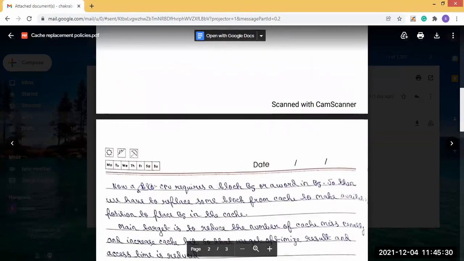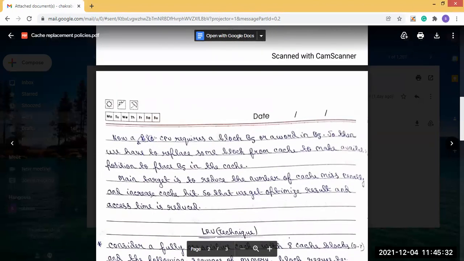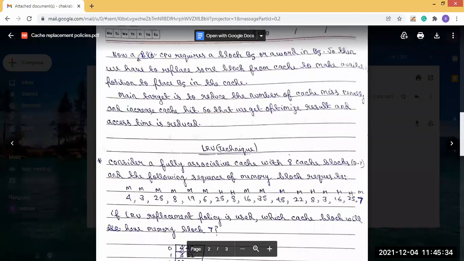Now, let's see how the LRU technique works.